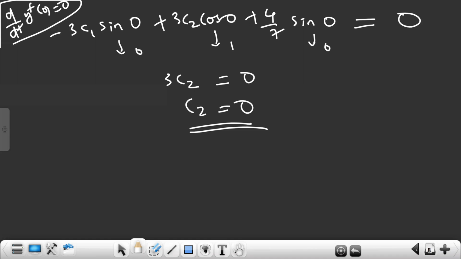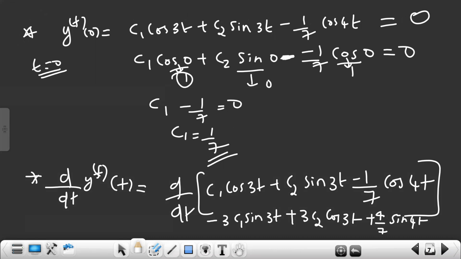Sir, but we already had C1 plus C2 equal to 1 by 7, so we could have substituted in that. From where did you get C1 plus C2 is 1 by 7? No, I told you that was the wrong equation that you wrote.